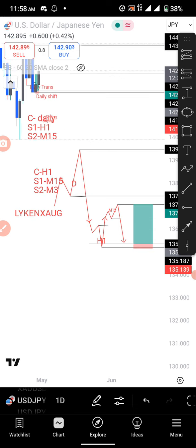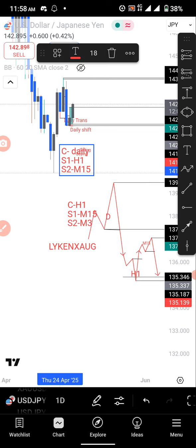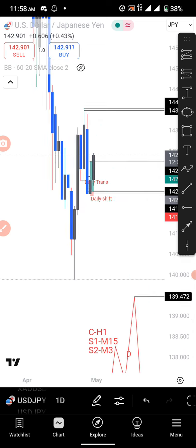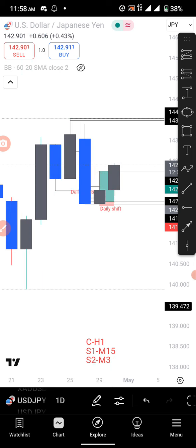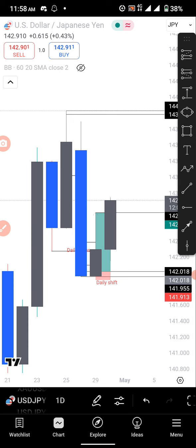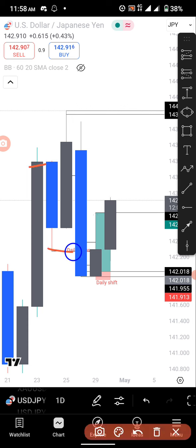So let us see it above here. How did it play out? First of all, this was our daily shift. You see, the market did this, broke above, and shifted.